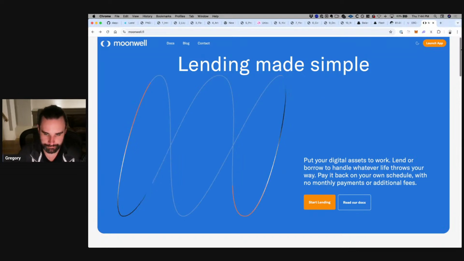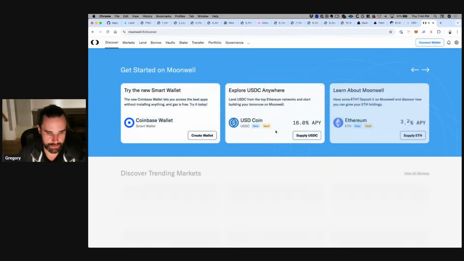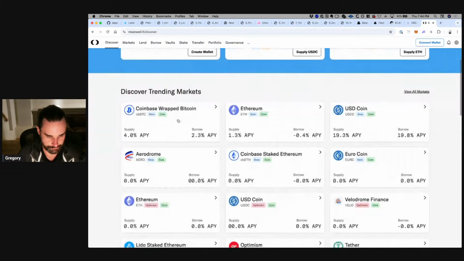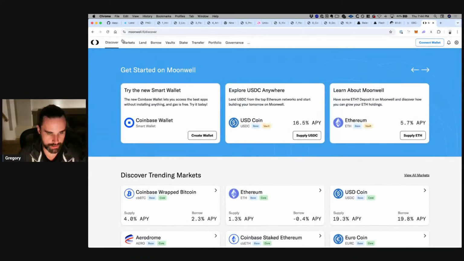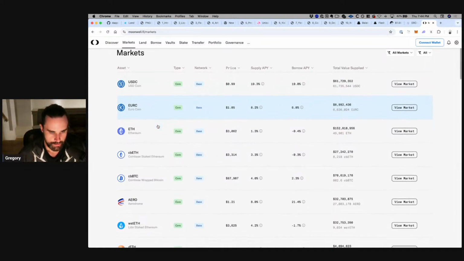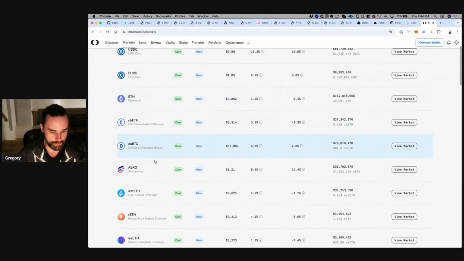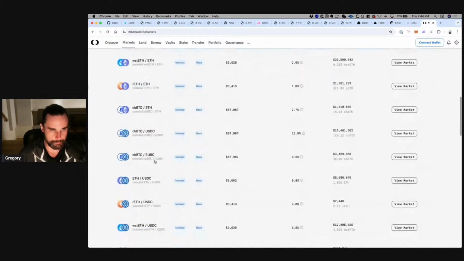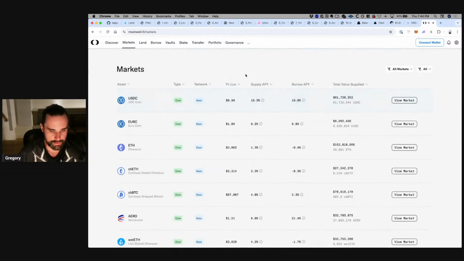If I launch the application, you can see it's got a bunch of cryptocurrencies here. I'm going to click on the Markets tab. You can see that it's got a bunch of cryptocurrencies listed, like USDC, the Euro coin, Ethereum, Coinbase Ether, all this stuff. And you can see that it's got a supply APY and a borrow APY.